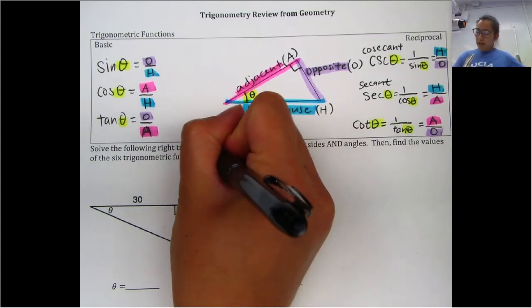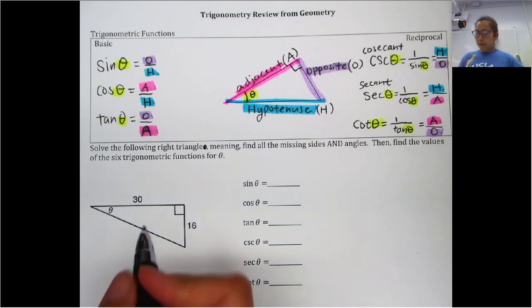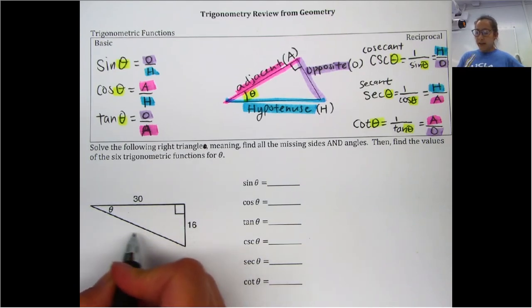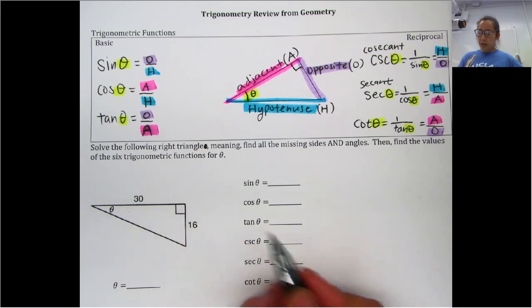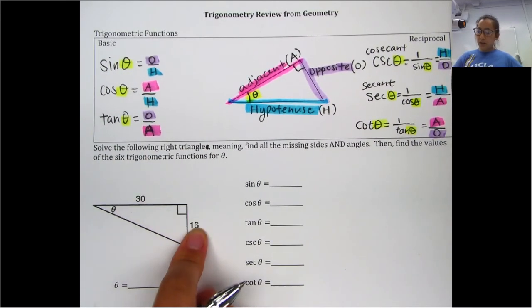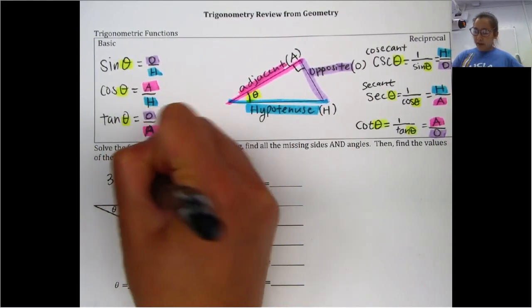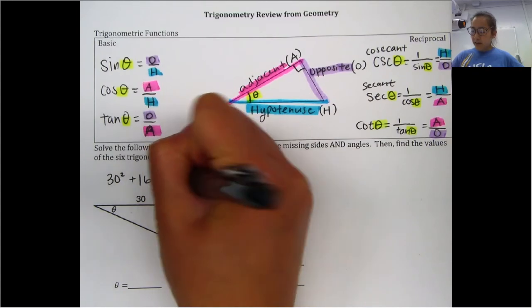We're going to solve the following right triangle as an example. We're going to find all of the missing sides and angles, and then find the values of the 6 trig functions for theta. First, we find this side length over here using the Pythagorean theorem. Since these are each the legs, 30 squared plus 16 squared equals c squared.